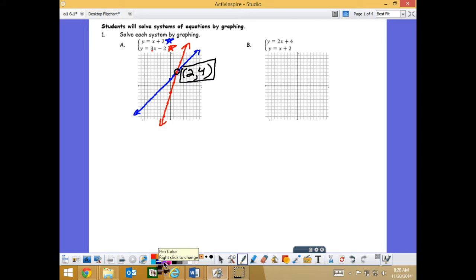The second one, we've got two more that are in slope-intercept form. Graphing the first one in blue, y-intercept is 0, 4, slope of 2. And the second one, y-intercept is 2, and the slope is 1.